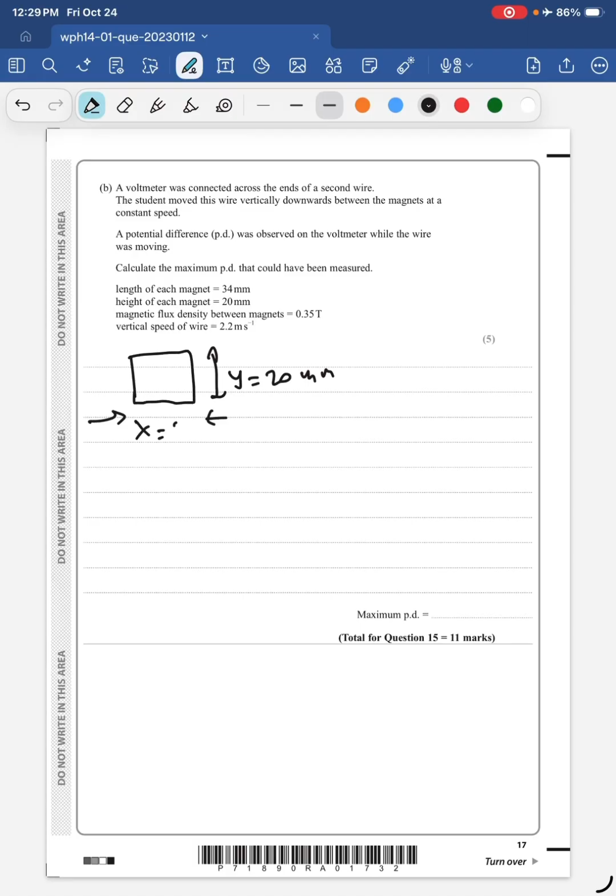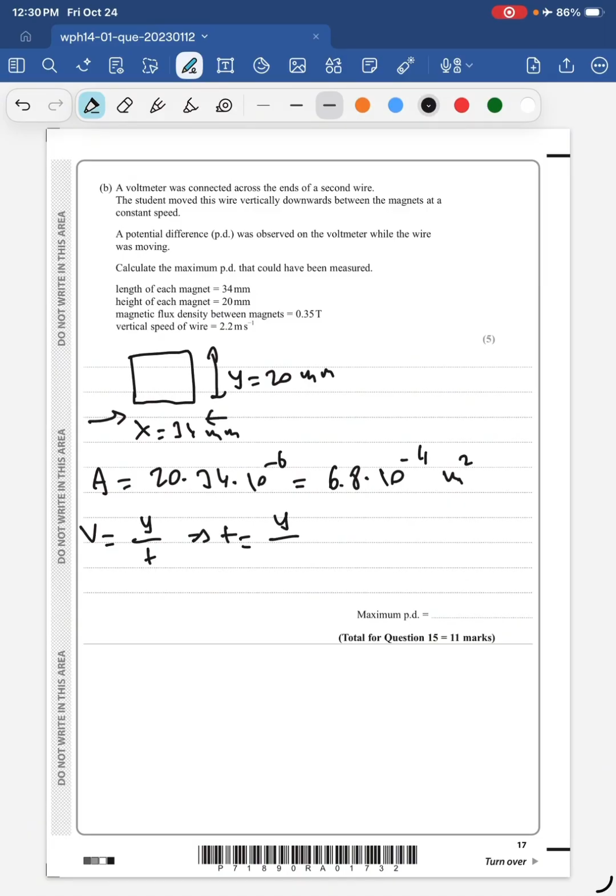So X is 34 millimeters. So the area is 20 times 34 times 10 to the negative 6, because you have to convert to meters. So 6.8 times 10 to the negative 4 meters squared. Now the velocity is given by y over t, so time is y over v.